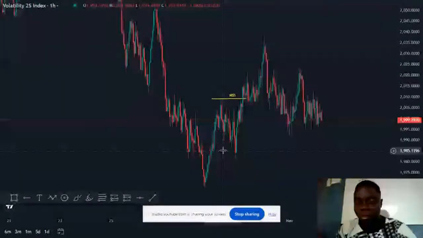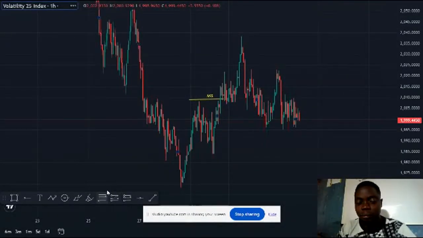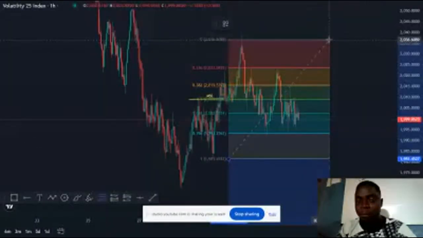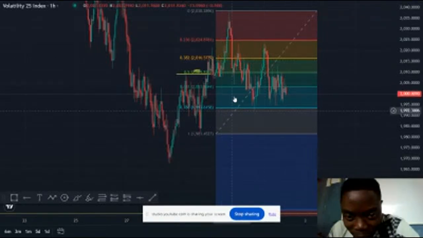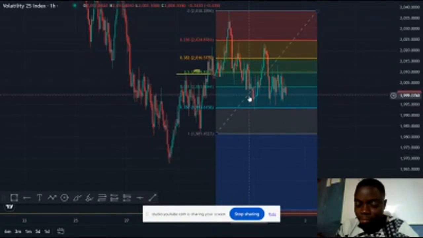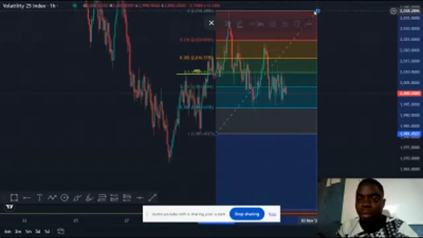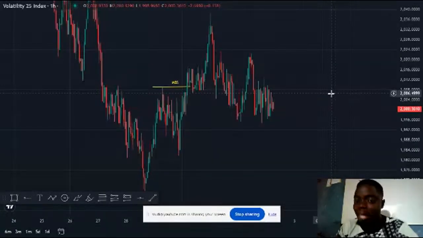So now that I have this, this is my recent higher low and this is my recent higher high. If I take my fib and move it up to that level, you can see that price is around this discount zone. Price pulled back and then pushed up, came down, consolidated. I'm expecting price to push up, because price is at a discount level.